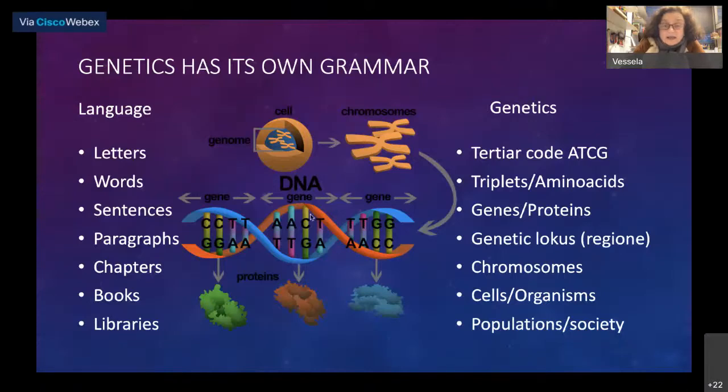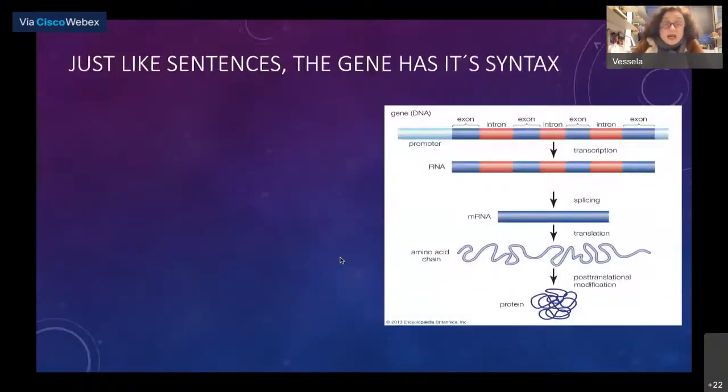But in fact, decomposing everything into genes and studying their function has, through the history of molecular medicine, been a very important factor to discover different diseases. A gene can be looked at just like a sentence, it has its own syntax. It's not an amorphous mass of letters. It has a capital letter, a subject, an object.